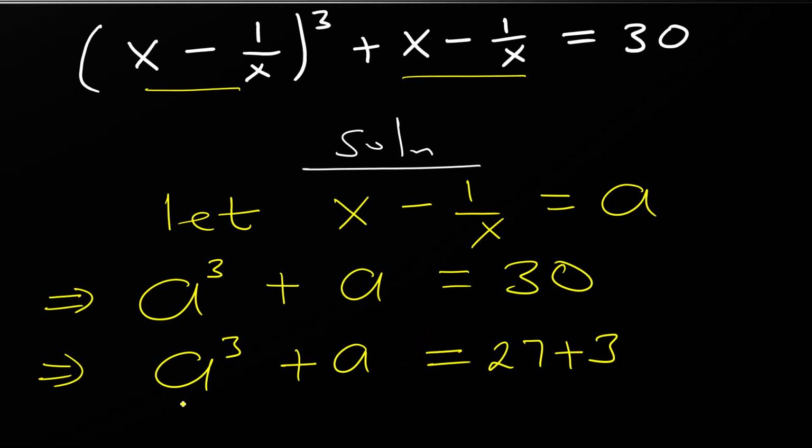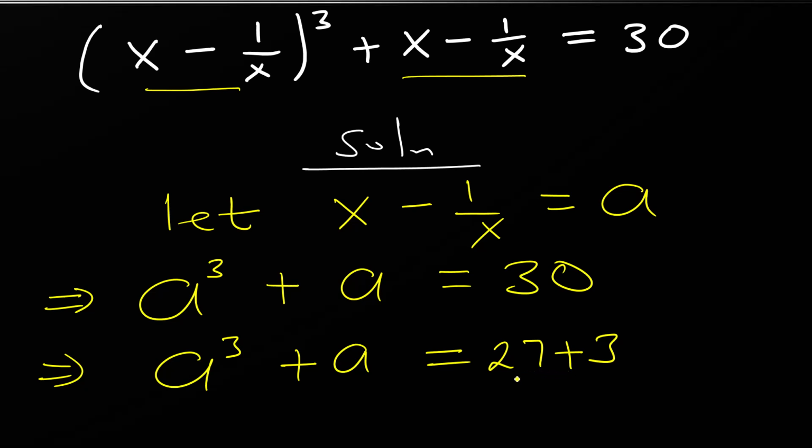Because I have a cubed here, if I express this as 3 to the power 3, it will match with this, and a to match with this, because by inspection, if I plug in 3, I'll get 30. That's why I decided to write 30 as that.